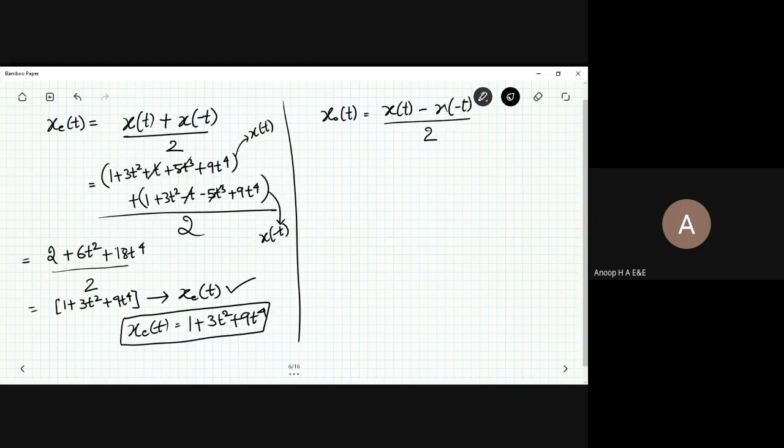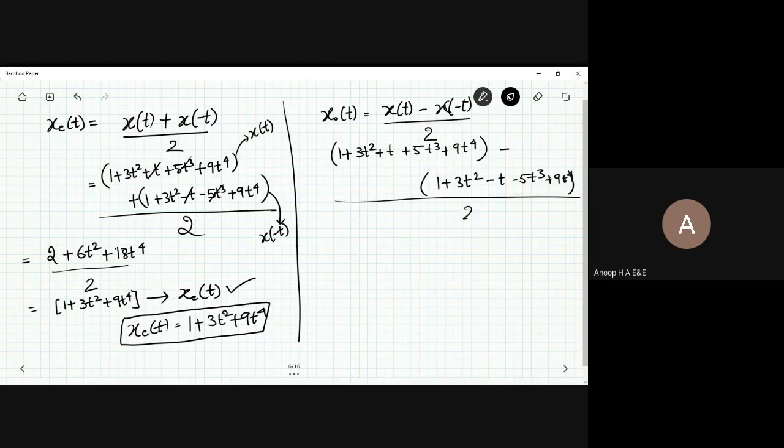Now you are going to find out x odd of t. It can be found by again x of t minus x of minus t. This is x of t: 1 plus 3t squared plus t plus 5t cube plus 9t power 4, minus x of minus t, which is 1 plus 3t squared minus t minus 5t cube plus 9t power 4, the whole divided by 2.